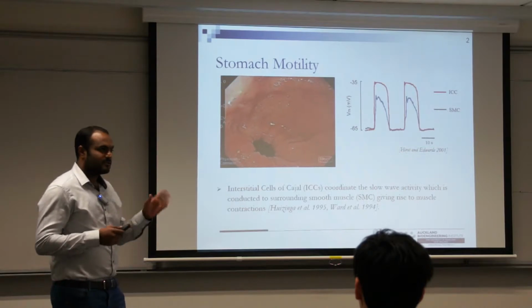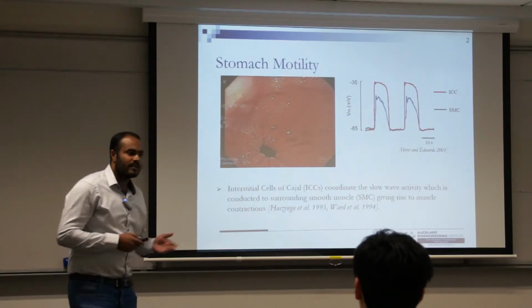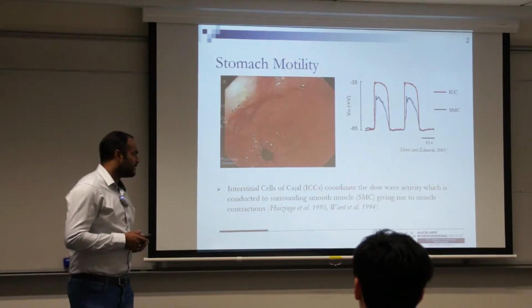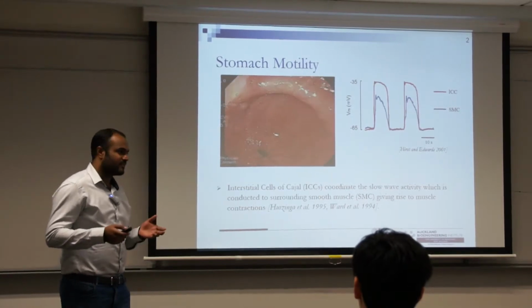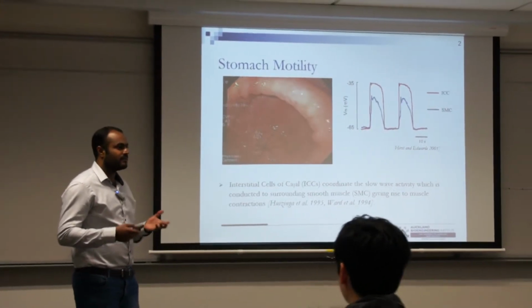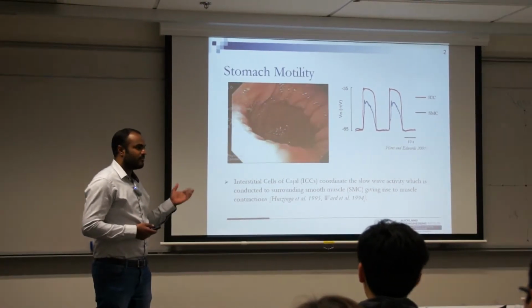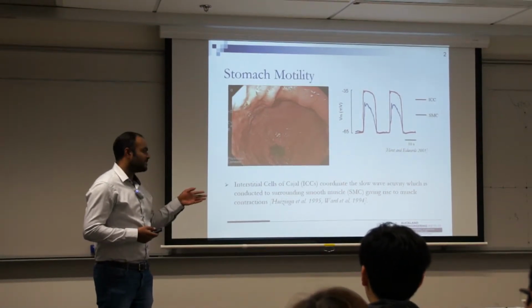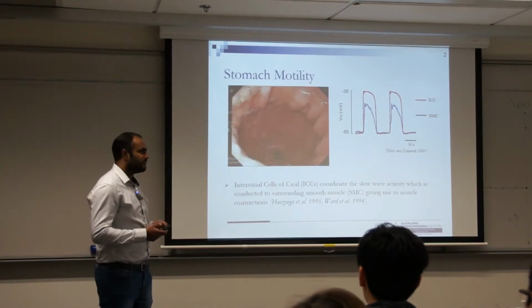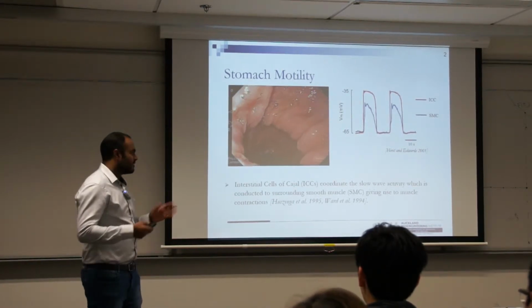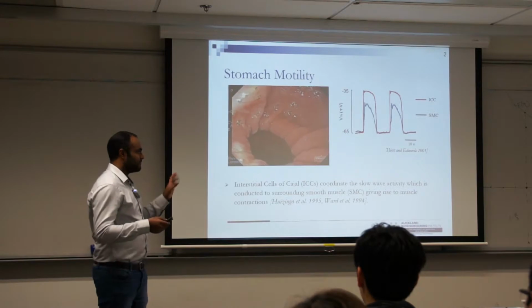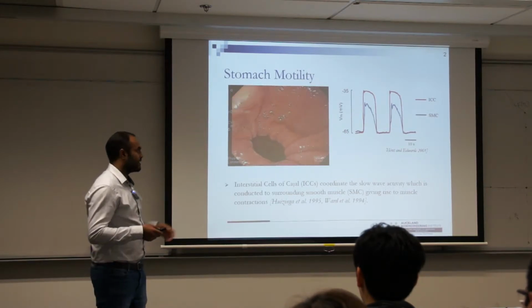So what causes this muscle contraction? These are the interstitial cells of Cajal, called the pacemaker cells, which have the capability of generating electrical activity. This electrical activity is conducted to the surrounding smooth muscle cells, which actually contract the muscles. That's how everything works, based on the importance of electrical activity.